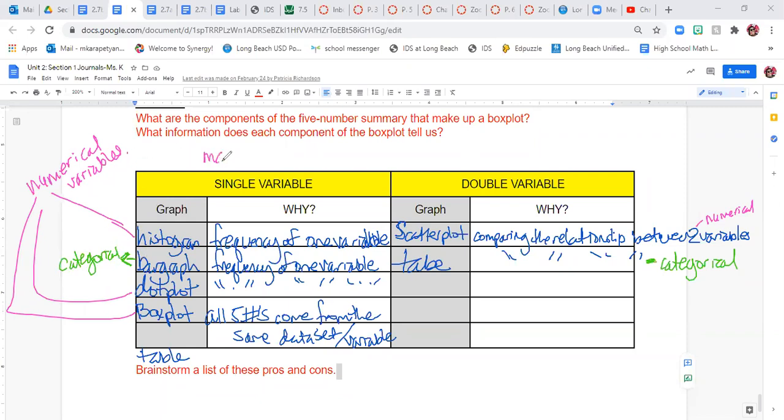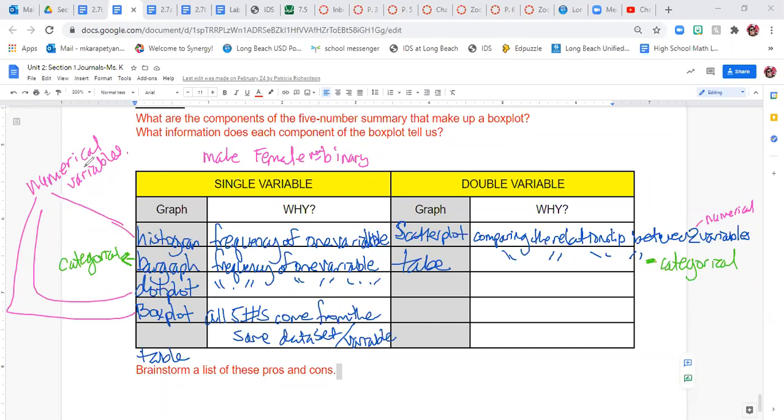Gender is either male, female, or if you have a third option of non-binary. So if you try to make a histogram for the gender variable, you're gonna get a warning code because gender is categorical, whereas a histogram is meant for numerical variables.